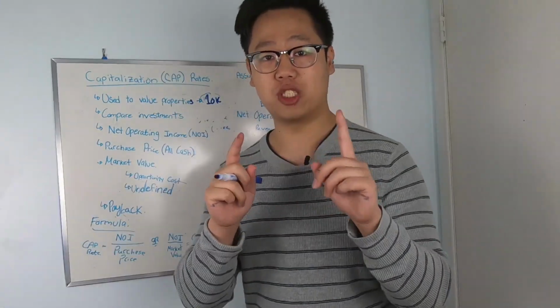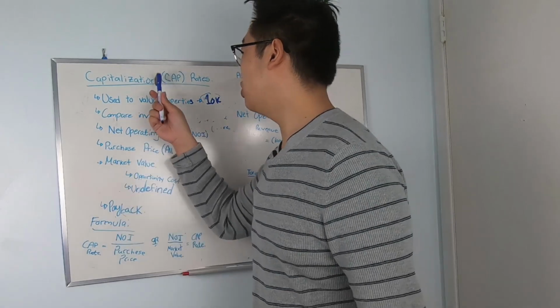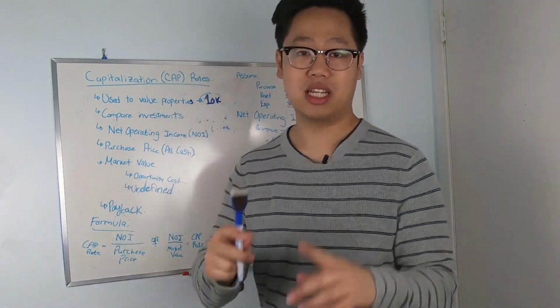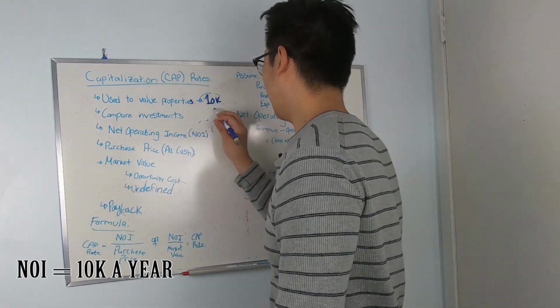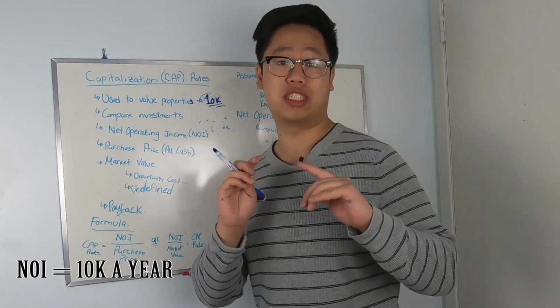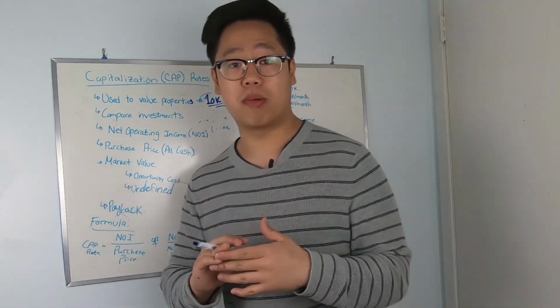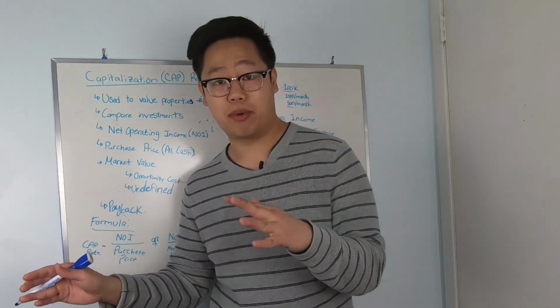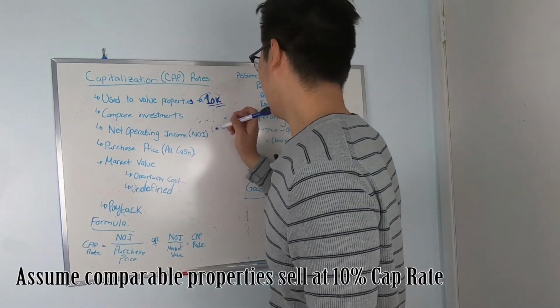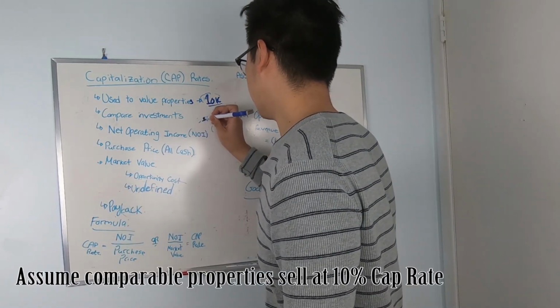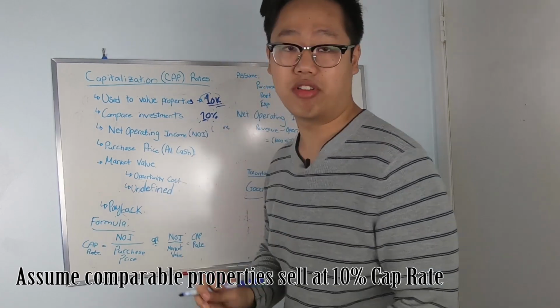Let's go back to the first point where I said that we use cap rates to value properties. So let's assume that our current property has an NOI of 10K every single year. And we look around the properties beside us and around our neighborhood, and we know that these properties generally sell at a 10% cap rate, right?